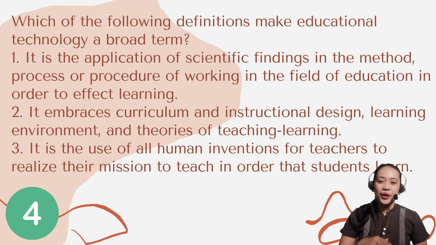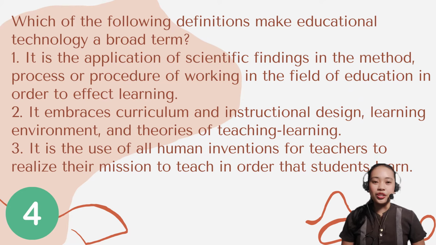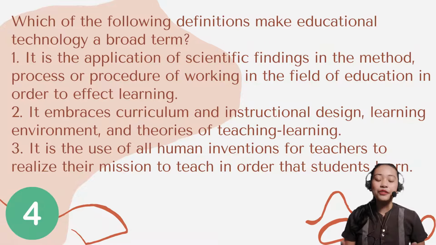Question number 4. Which of the following definitions make educational technology a broad term? Number 1, it is the application of scientific findings in the method, process, or procedure of working in the field of education in order to effect learning. Number 2, it embraces curriculum and instructional design, learning environment, and theories of teaching and learning.